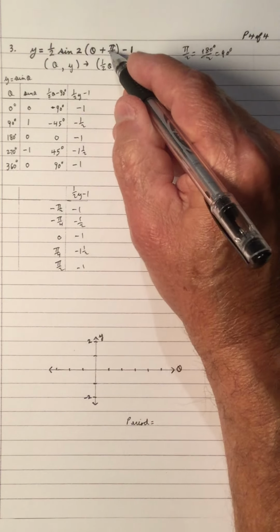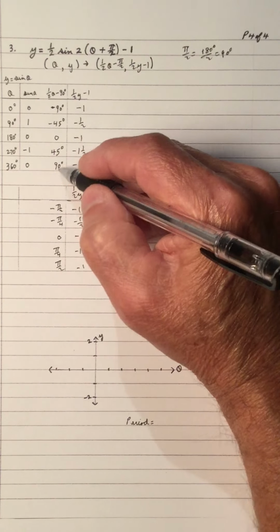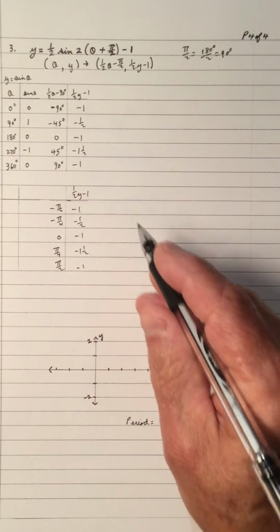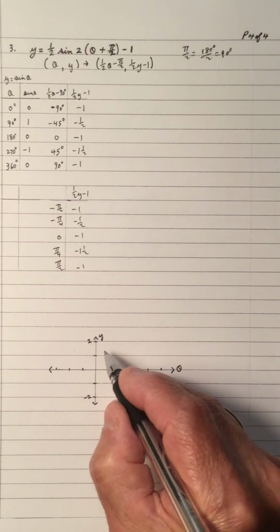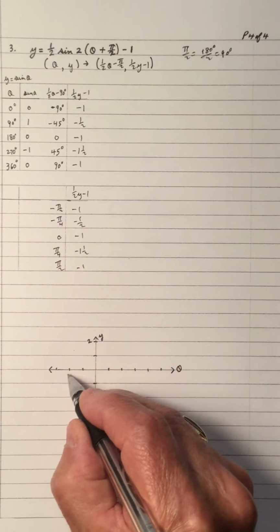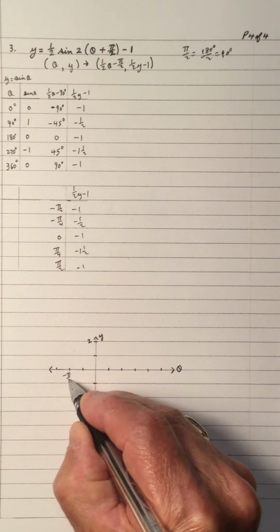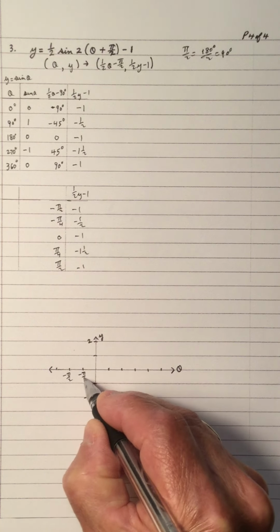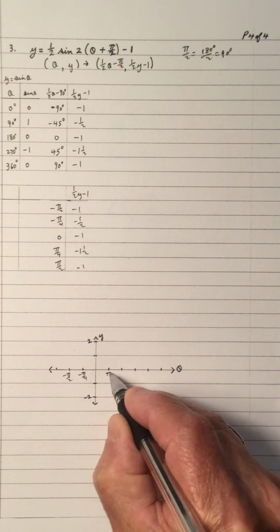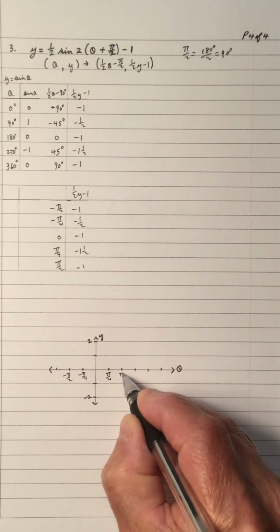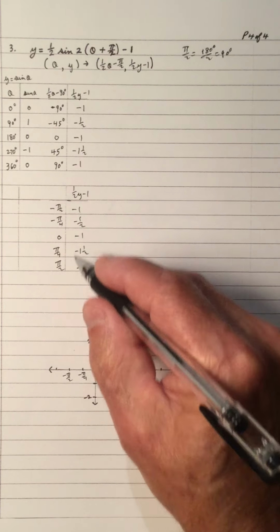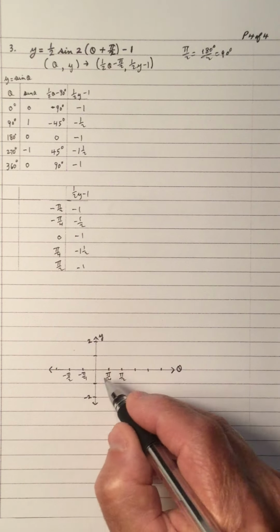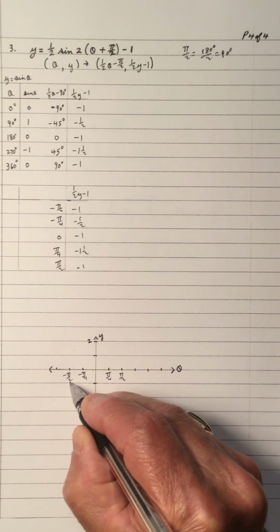So if I want it in radians, I work it out in degrees, then convert to radians. Now I can put my radians in. So it's in steps of 45, so this is negative pi over 2, negative pi over 4, 0, pi over 4, pi over 2. So at negative 90 I have a negative 1, which is right here.